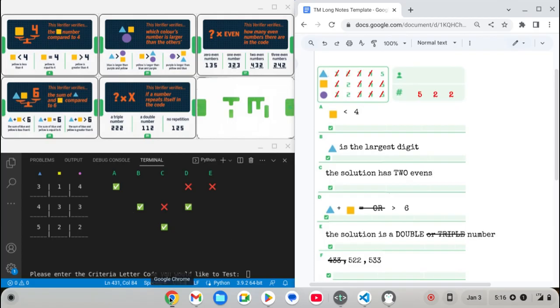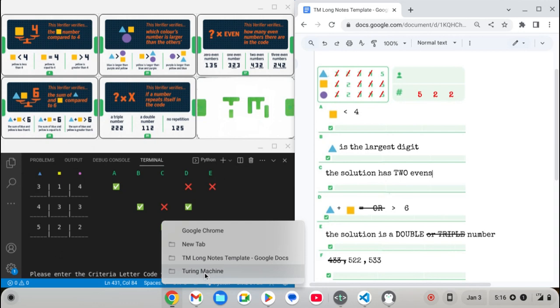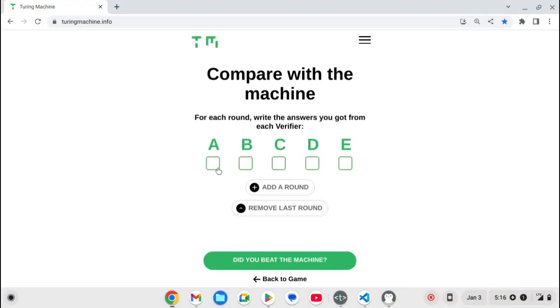I'm just hoping we tie for the win. So we did A, D, E in the first round, and then we did B, C, D in the second, and then C again. And so let's go type that up. Hopefully I committed that to memory. A, D, E. Yeah, I've already forgot.